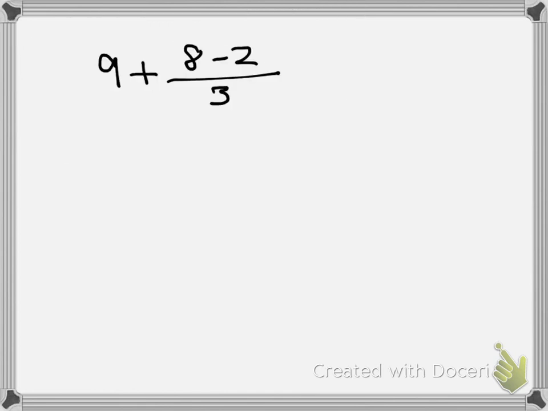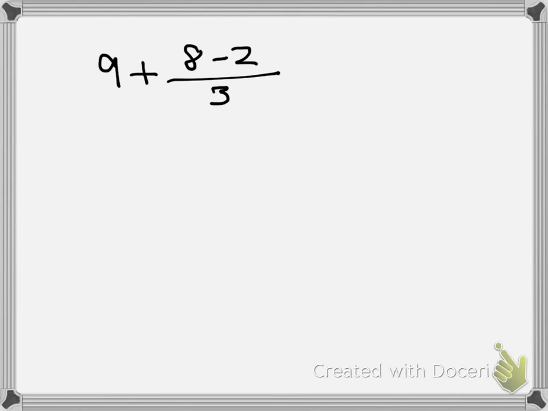Now, this one looks a little bit different. You can see that we've got what kind of looks like a fraction, 8 minus 2 over 3. When you see that fraction bar, that really means division. So we're going to rewrite this problem using that fraction bar as a division problem.